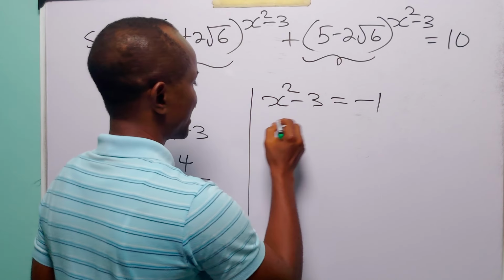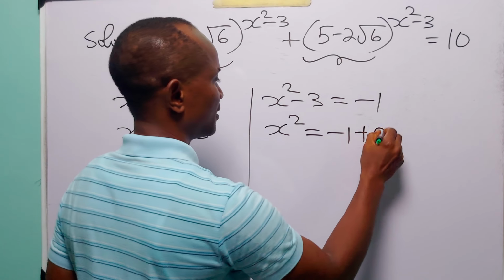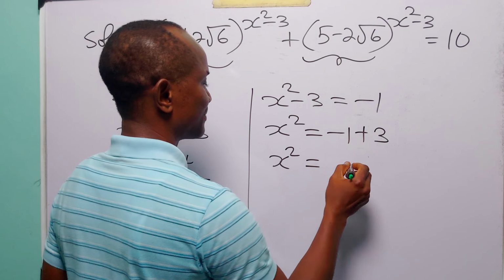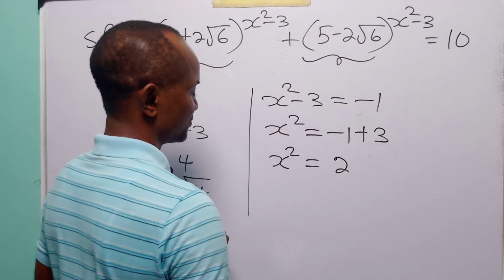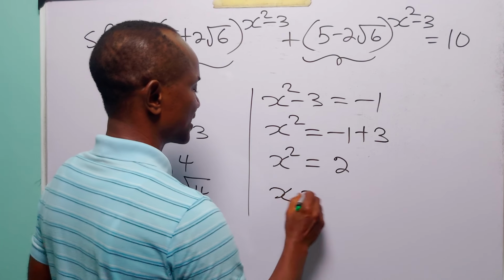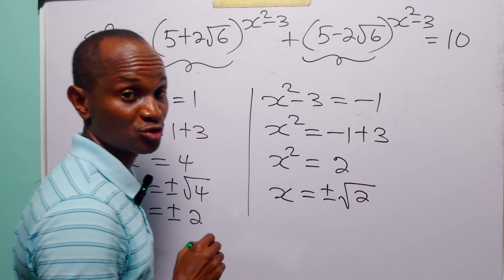In this case, we have that x squared is equal to minus 1 plus 3. x squared is equal to 3 minus 1, which is equal to 2. Taking square root of both sides of this equation, we have that x is equal to plus or minus root 2.